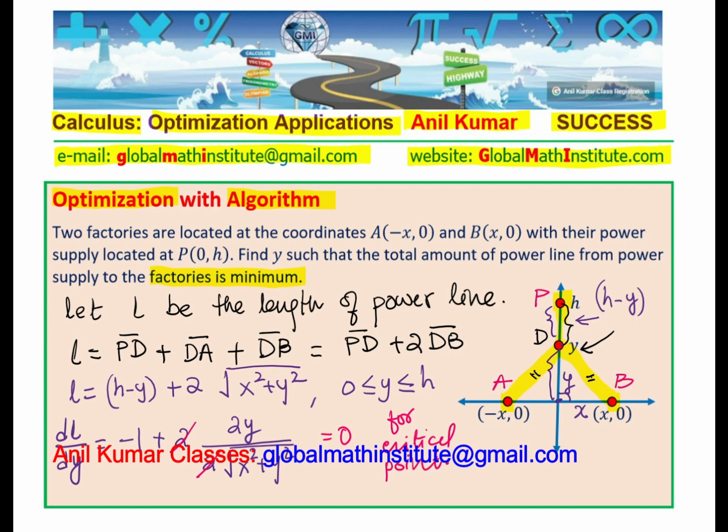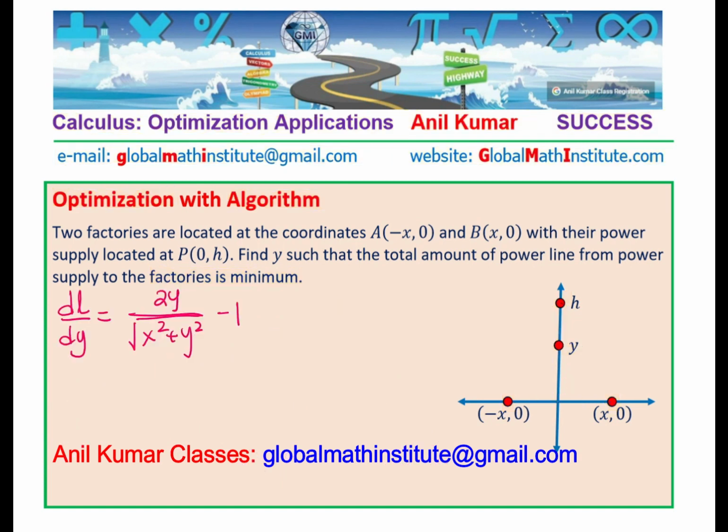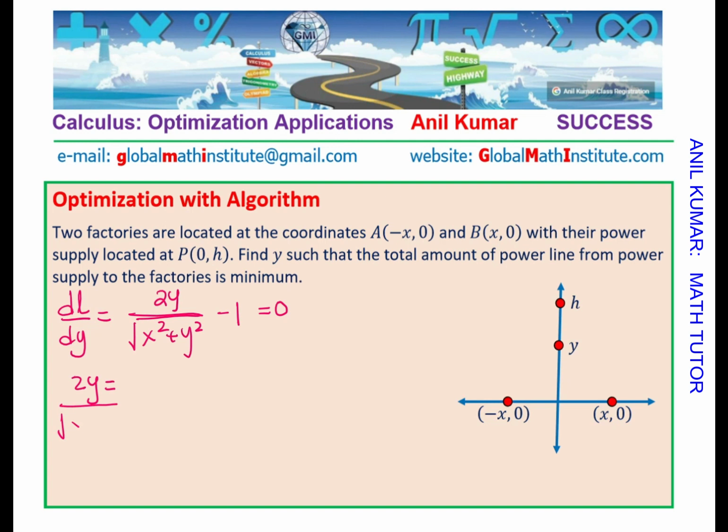Now this is what we are equating to 0. So that really means that we get 2y equals, taking 1 to this side and then cross multiplying. Let me do it in a couple of steps. The square root of x squared plus y squared equals 1, and then we get 2y equals the square root of x squared plus y squared, correct?